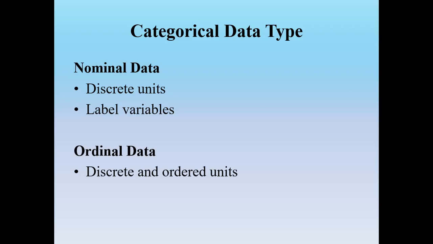But note that the difference between elementary and high school is different from the difference between high school and college. This is the main limitation of ordinal data: the difference between the values is not really known. Because of that, ordinal scales are usually used to measure non-numeric features like happiness, customer satisfaction, and so on.